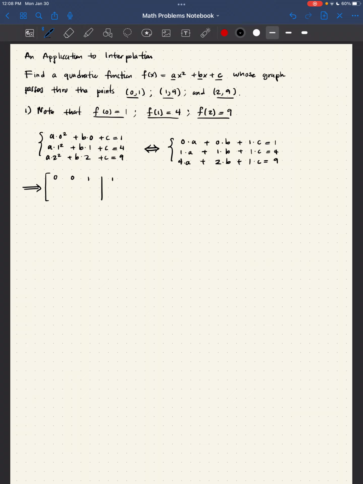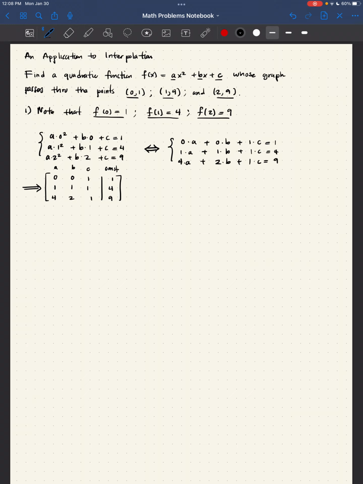We have 1, 1, 1, 4, and we have 4, 2, 1, and 9. This being the column of a, this one of b, and that one of c, and the constants, of course, to the right of the equations. Now, time to do some operations.